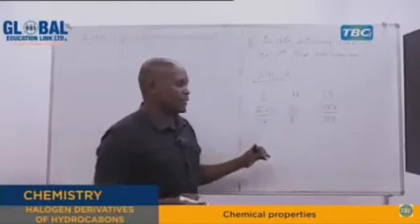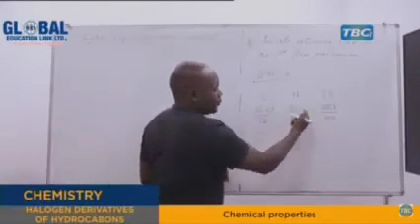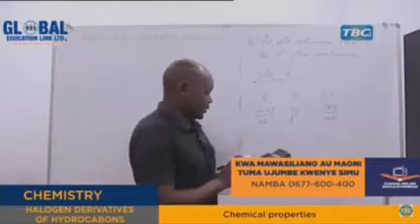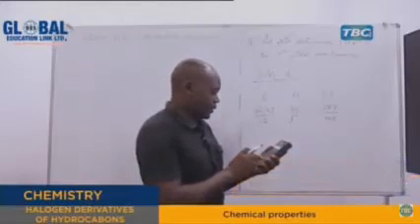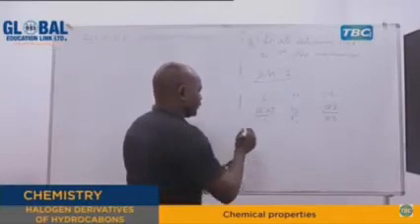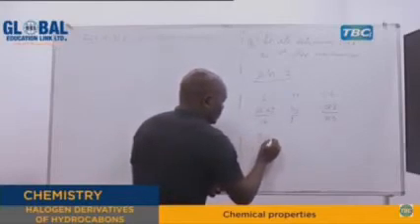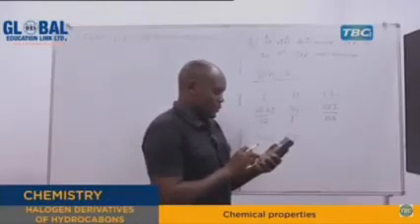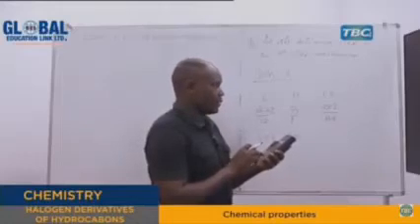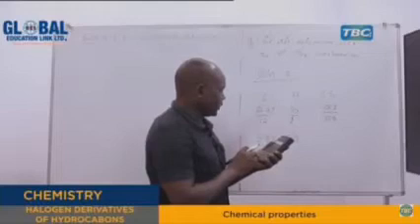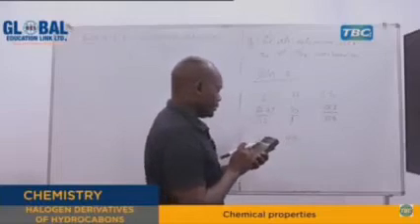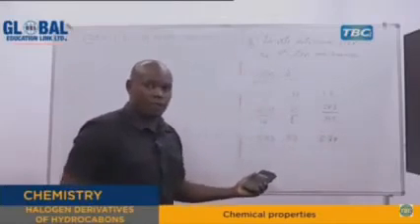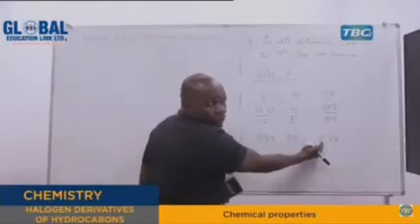Using your calculator, 66.4 divided by 12 gives 5.53. Here it will be 5.5, and there 28.1 divided by 35.5 gives 0.79.